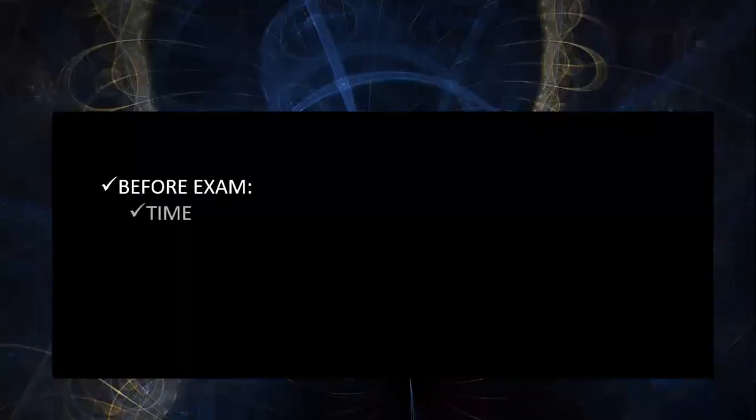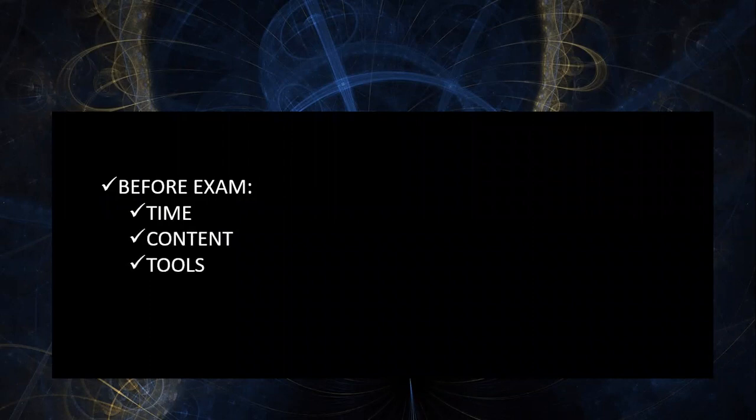Before the exam, remember your time. You understand that 1 minute should be for each question. Remember, the content can come from anywhere in the syllabus, and there are many repeats. Remember the tools. Your biggest tool in the exam is going to be your formula list, very important, and your marks. As I said, it used to be 30%, but I'm not sure how CSEC is going to mark the exam.